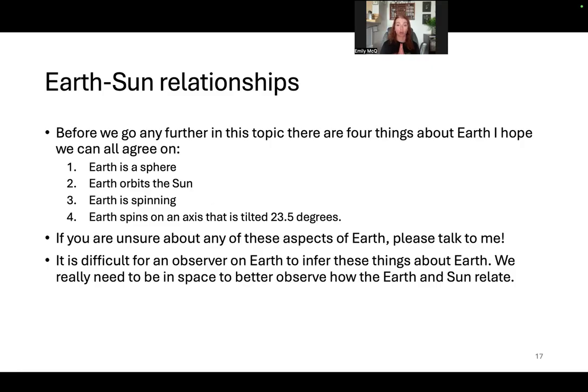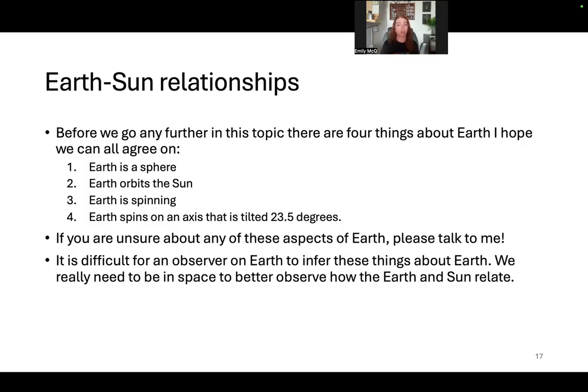Before we go any further on this topic, and I should have brought this up when we talked about the hydrosphere, I would like us to at least agree on these four things. Earth is a sphere. I haven't gotten any flat earthers in my class yet, and if you are a flat earther, I do encourage you to open your mind to the theory, which is a proved hypothesis, that the Earth is a sphere.